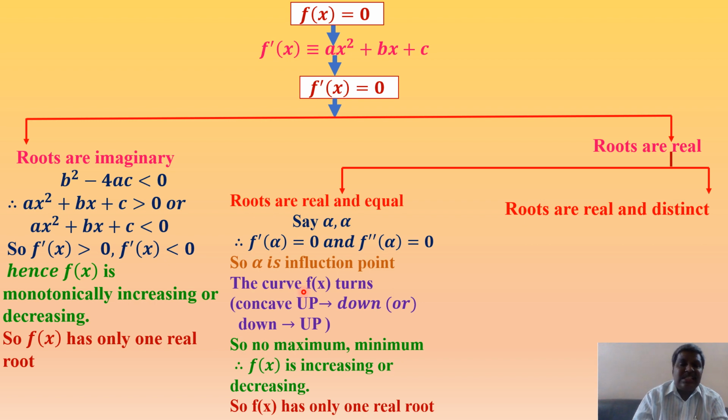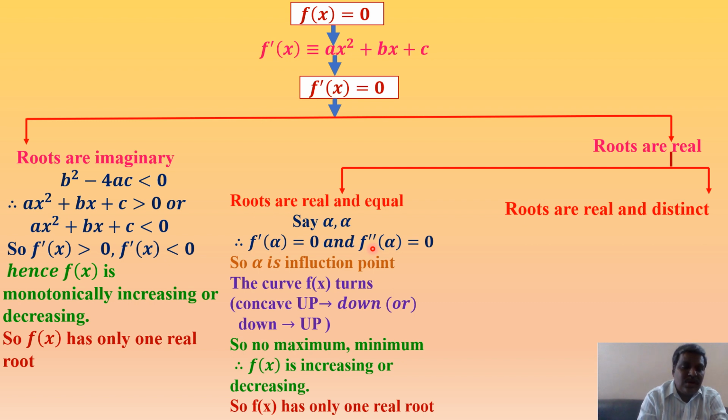In the same manner, if f dash x equal to 0 has both roots alpha comma alpha, your point alpha becomes an inflection point. So your cubic f of x equal to 0 is increasing or decreasing depending upon the value of a. It has only one real root. In this case also, only one real normal can be drawn from the given point to the parabola.